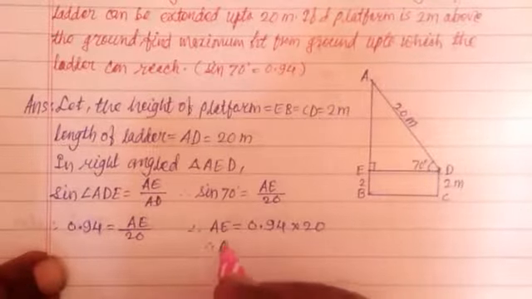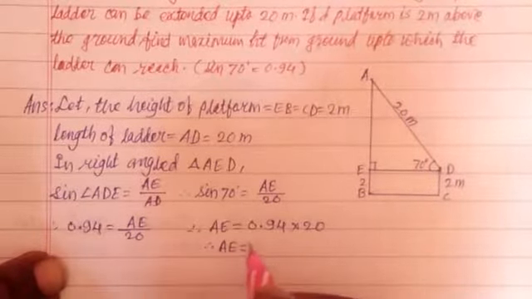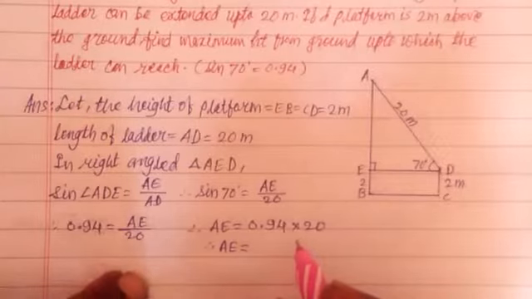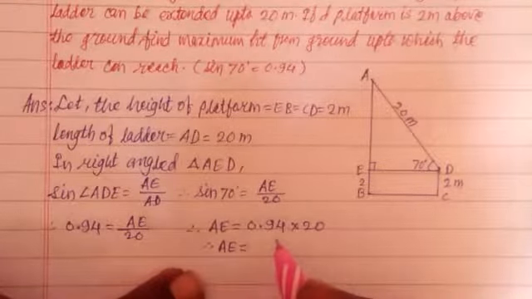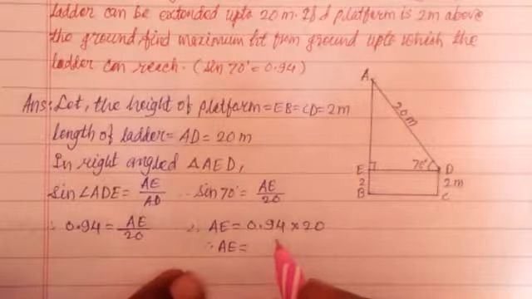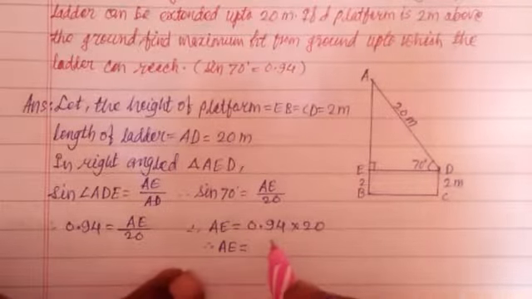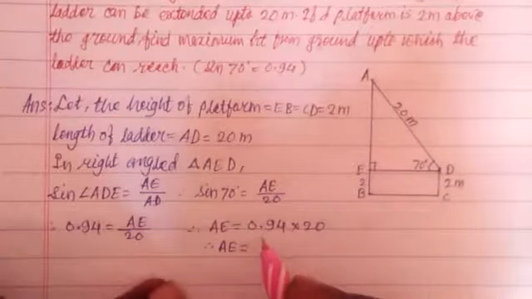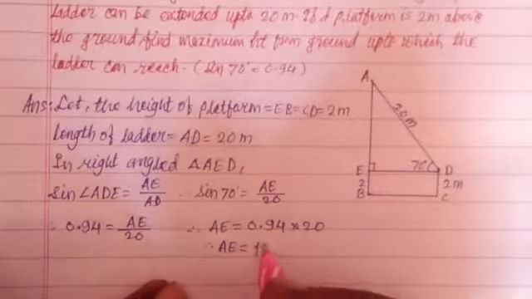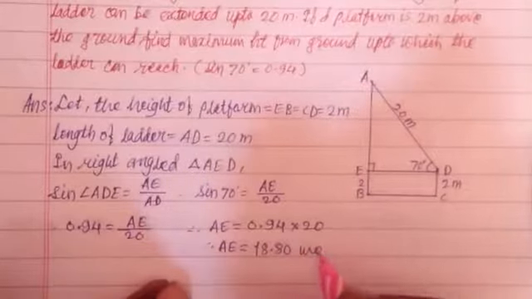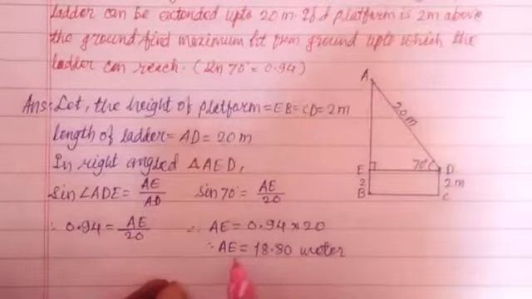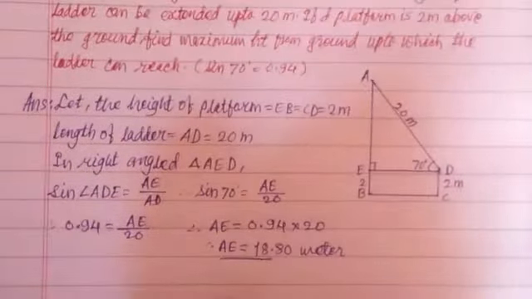Multiplying by 20, we get 18.80 meter. AE is equal to this.